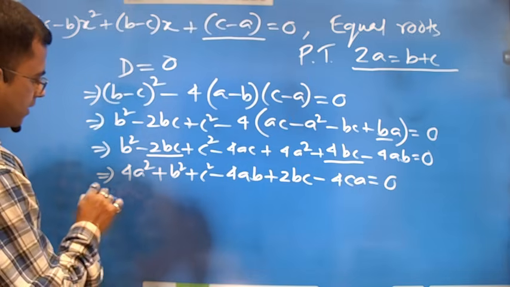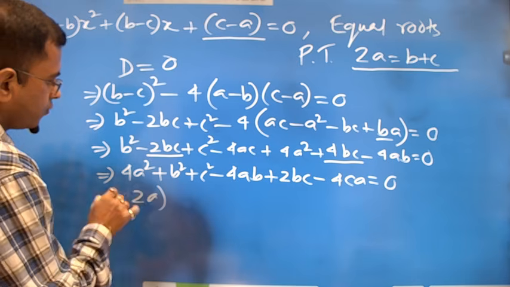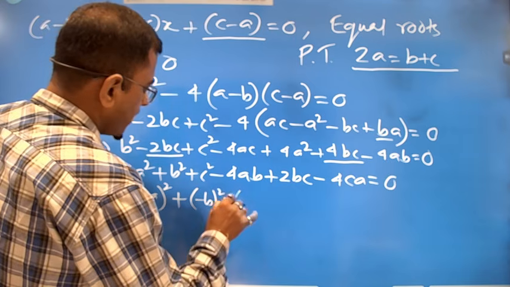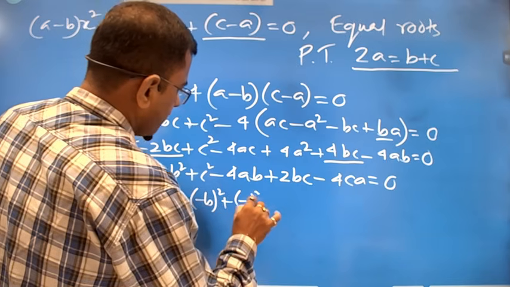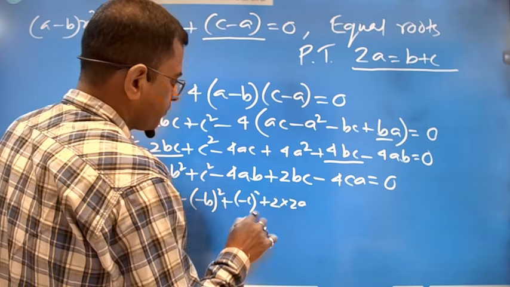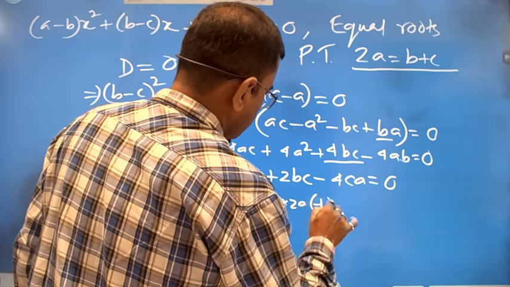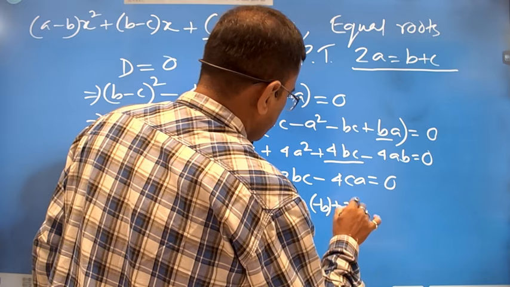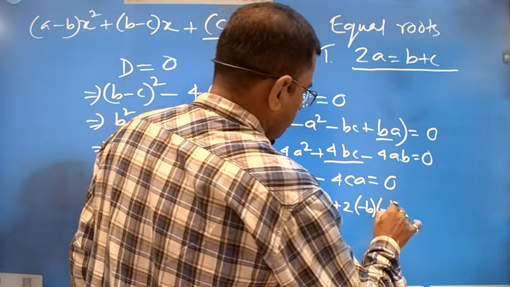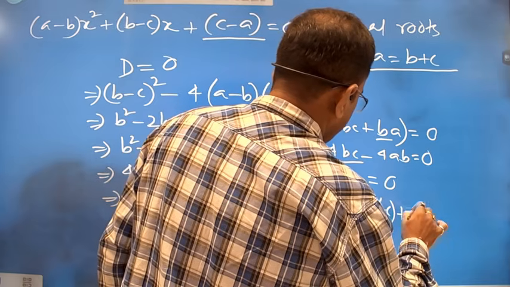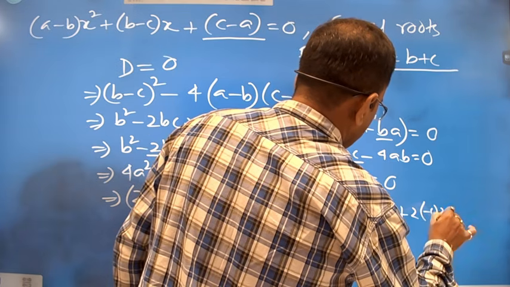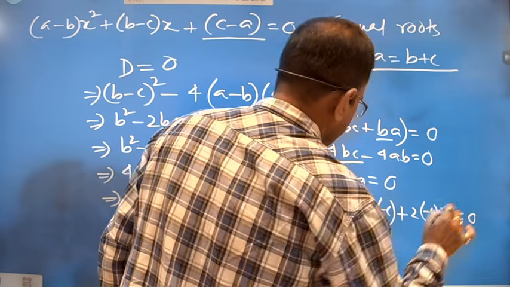Now you can write this as (2a) square plus (minus b) square plus (minus c) square, then plus 2 into twice a into minus b, plus 2 into minus b into minus c, plus 2 into minus c into twice a, equal to 0.